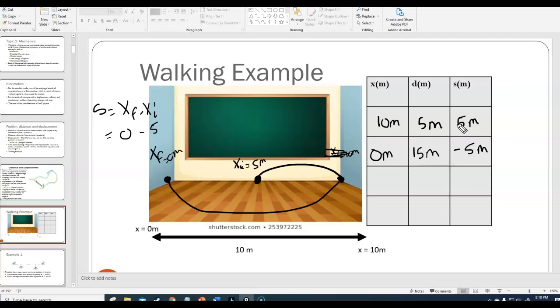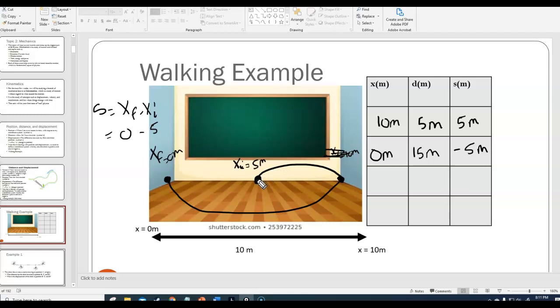Okay, now, notice that the difference between distance and displacement is, with displacement, the only thing that matters is my initial position and my final position. The fact that I walked all the way to the right of the room first and then walked all the way to the left does not play into the definition of displacement.